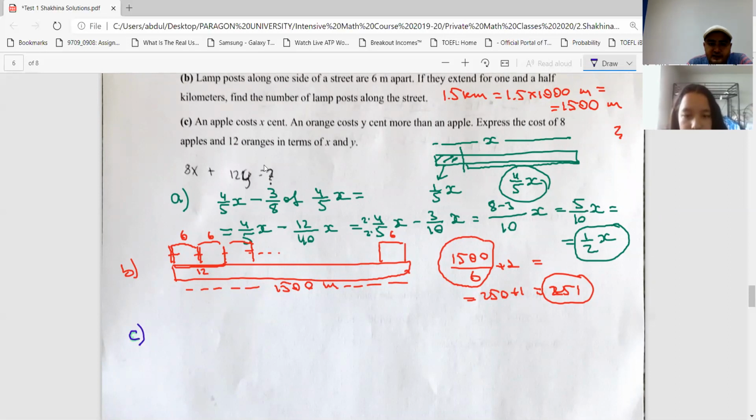An apple costs X cent. That means that 1 apple is X cents, right? An orange costs Y cents more than an apple. So that means that 1 orange costs how much? Tell me, Shahina. If 1 apple costs X cents, and it says that an orange costs Y cent more than an apple, what is the unit price of orange?